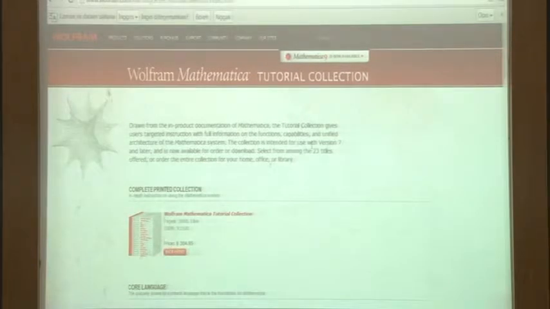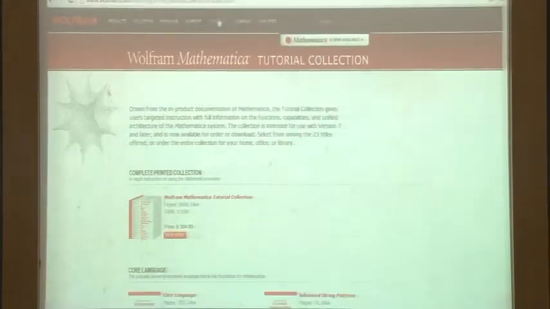Wolfram.com Learning Center / tutorial collection / index. That is available from inside the help files. So you can see that. Sorry, let me make this bigger.